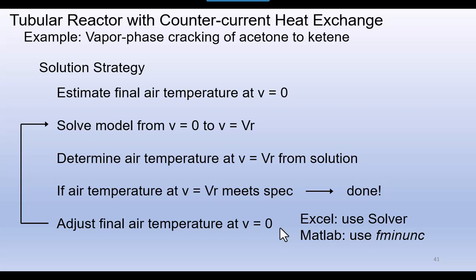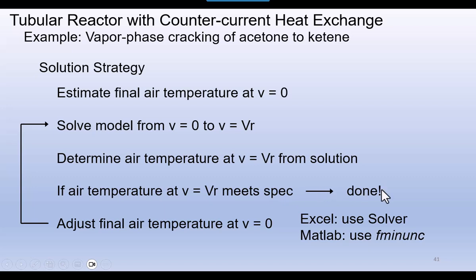And then we solve our model forward to the exit of the reactor, and we determine the air temperature there from the solution. Now, the air temperature there has a specification of the inlet air temperature, which is 1250. So we have to check and see whether our estimated air gave us a final air from integration that meets our specification.